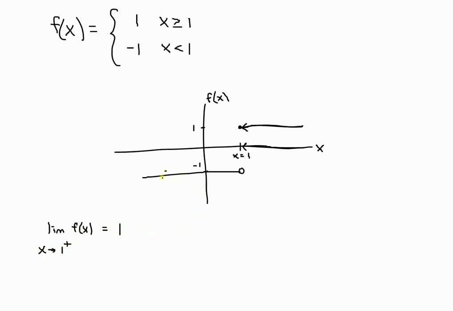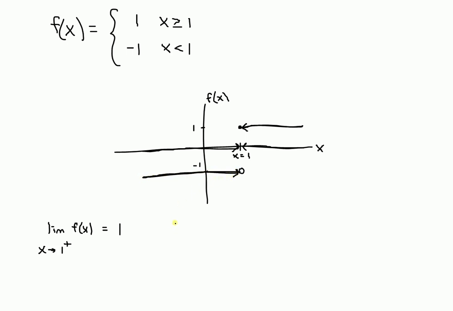What about as x approaches 1 from the left? Well, we would be approaching on the x-axis from the left, going towards 1. That means that f of x is approaching negative 1.